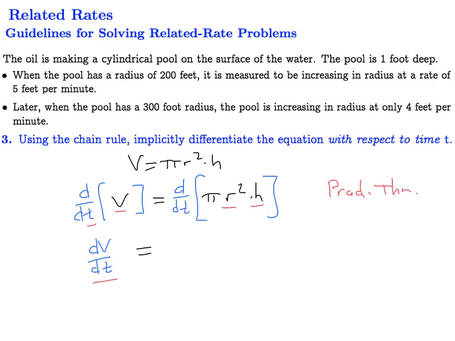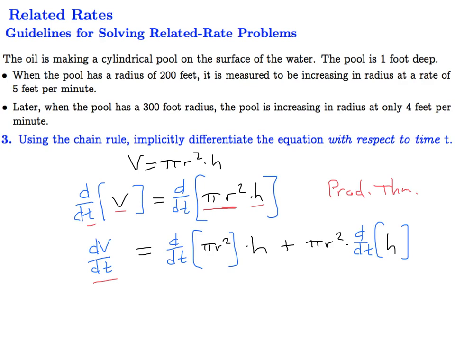And so we'll stick the pi with the r squared as the first function. So what we really end up with is the derivative of pi r squared times h plus pi r squared times the derivative of h. And everything, of course, is with respect to t.